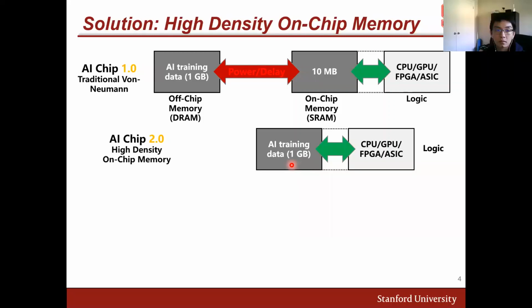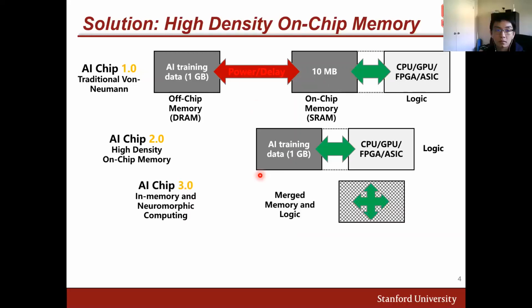So if we have, for example, 1 gigabyte, 100 times higher density, then we can alleviate the burden of this transfer greatly. And then thirdly, there's another further development that's happening recently in academia, is that people are thinking about more innovative ways of actually merging the memory and logic together, meaning they can be done at the same device, or they can be done very closely to each other.